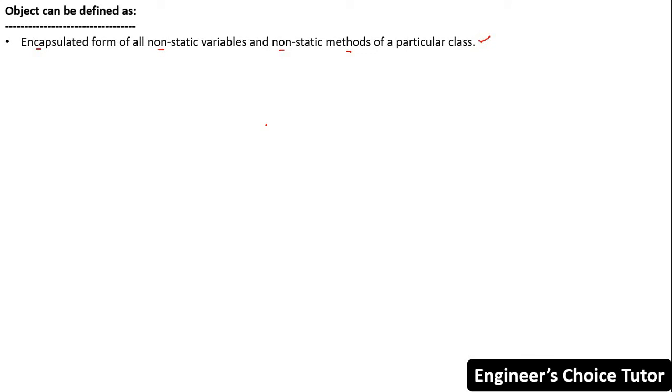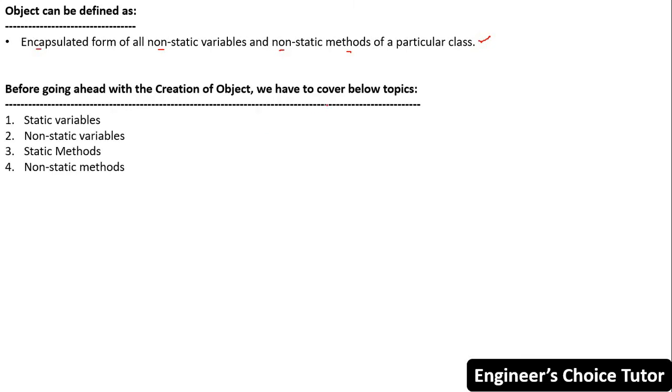After that, what do we have to see? Okay, I understood the meaning of object, but in Java, how can I create an object of a class? Before going ahead with the creation of object, we have to cover the following topics: static variables, non-static variables, static methods, and non-static methods. After completing these topics, we will see how to create an object in Java.